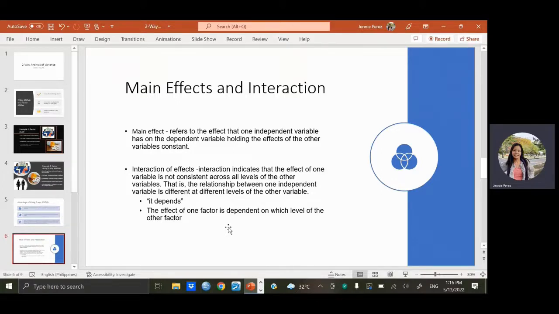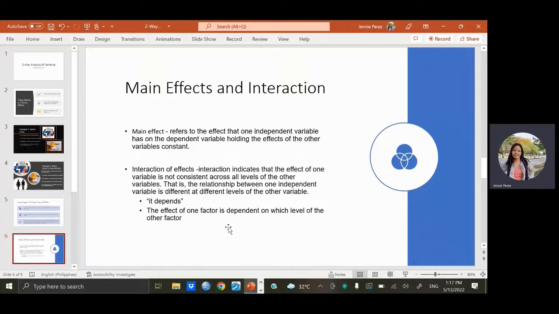For example, we find that there is an interaction of effect of education and gender on voting behavior of voters.